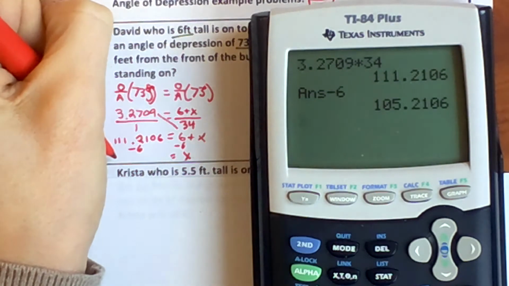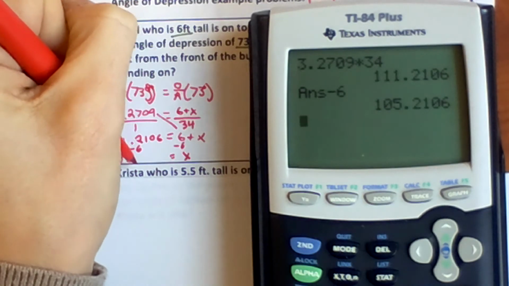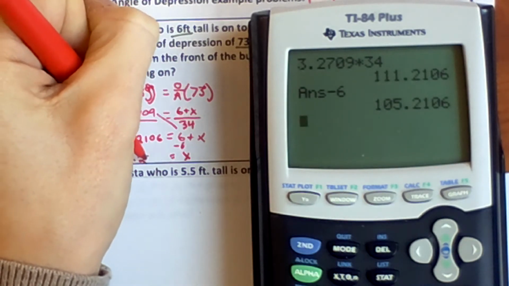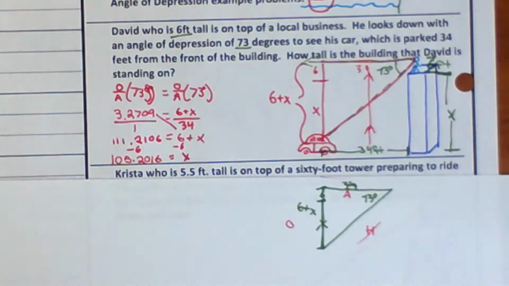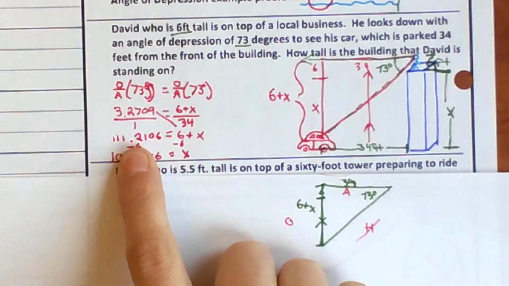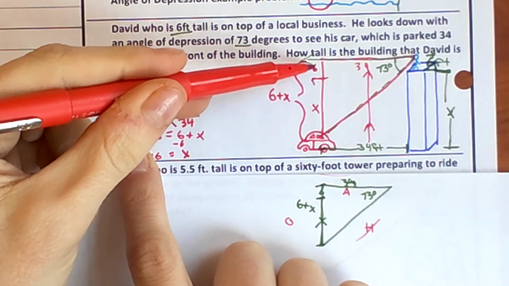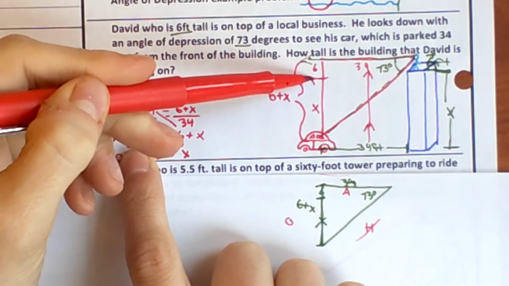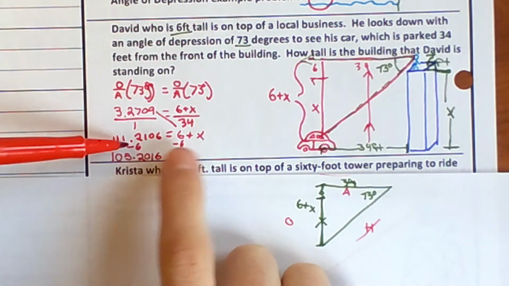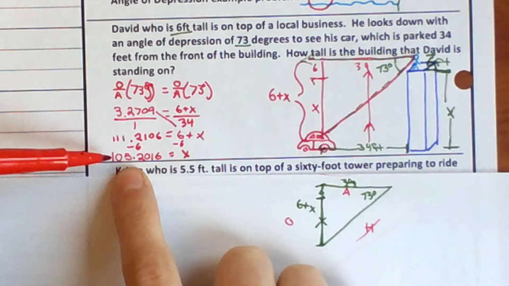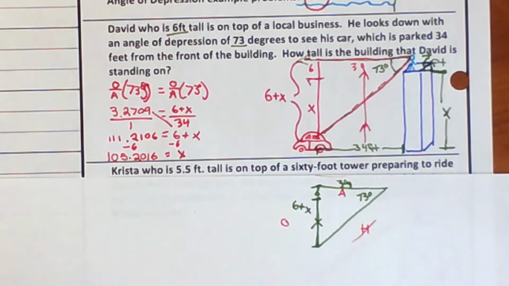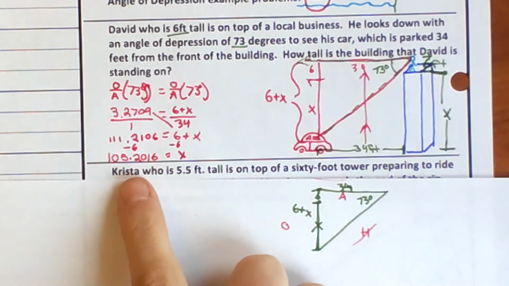So this 105 is going to be the actual height of the building. So the 111 is the height of the building plus the height of David, who's 6 feet tall. So then when I subtract out David's height, this is going to give me just the height of the actual building.